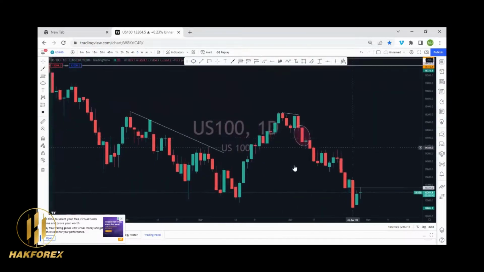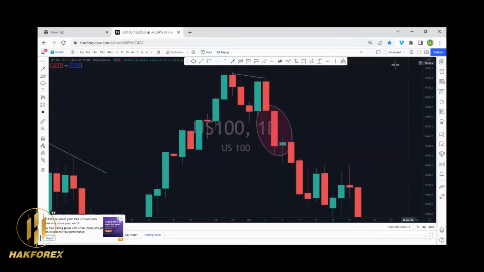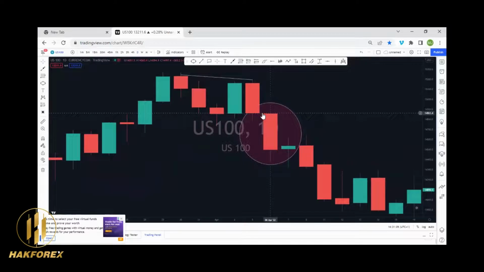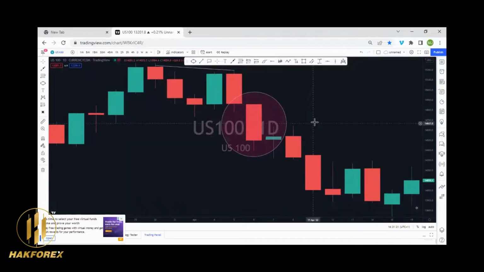Gentlemen, let me zoom. As you can see, this is where the candle opened from. The market is coming down. It went down to this level before they rejected the market up. So this is where the market closed. The same thing is applicable here. This bullish candle, immediately when this one closed, is where this bullish candlestick opened from.